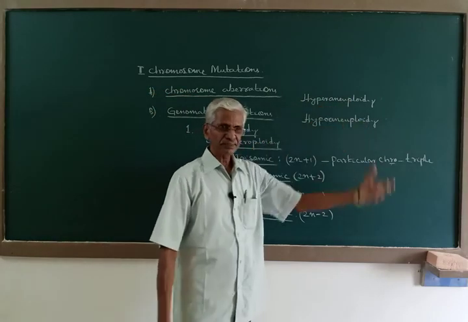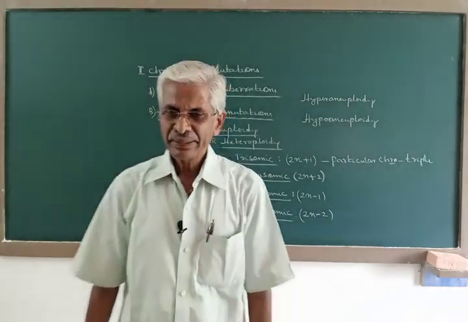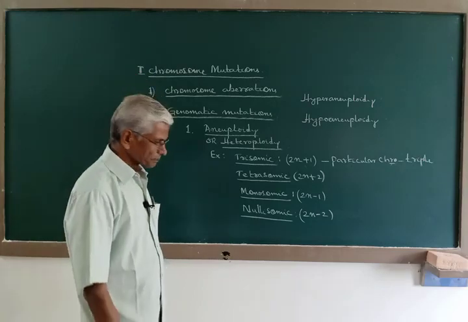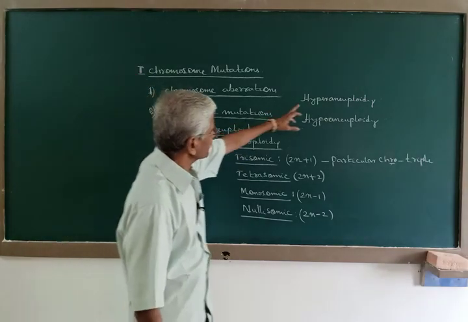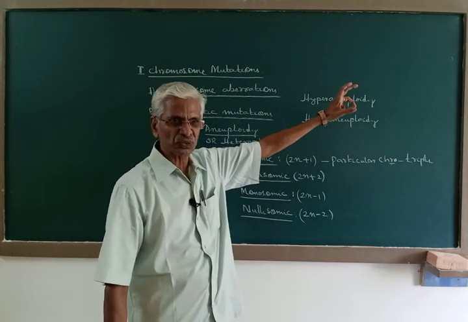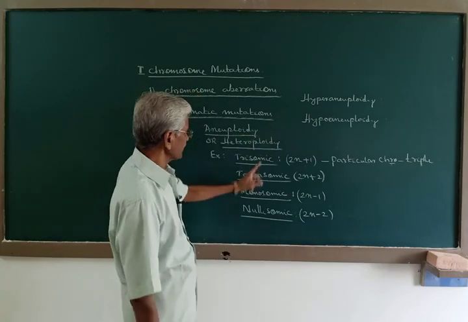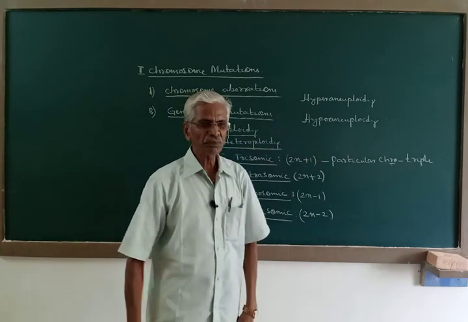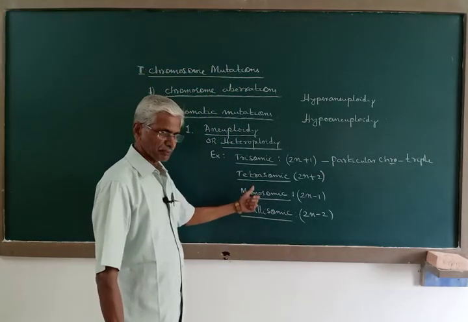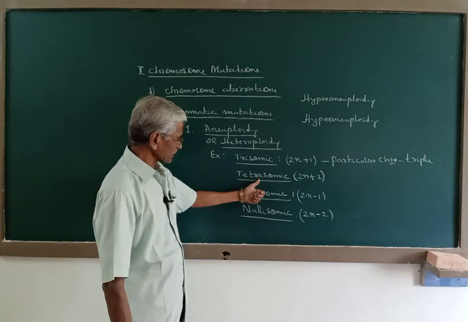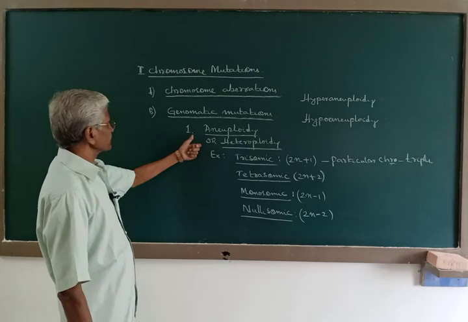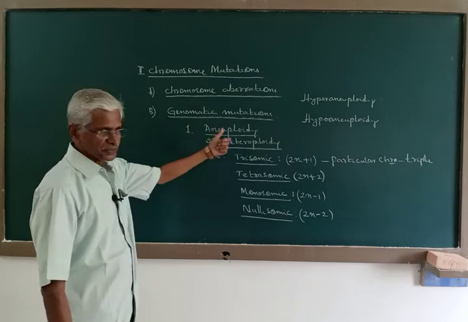In either case, there will be addition or deletion of chromosomes from the diploid number. In hyperaneuploidy, there will be one or more extra chromosomes, and in hypoaneuploidy, there will be loss of one or two chromosomes from the diploid number. Hence, these two are hyperaneuploidy and these two are hypoaneuploidy.